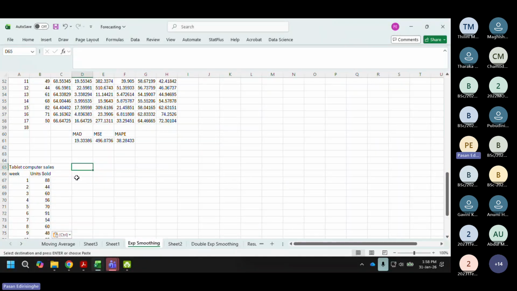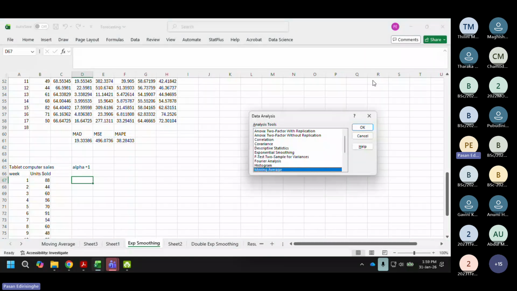Before that, we have defined alpha equal 1. Now, of course, you can do these calculations manually as well, but we have the package here under data analysis. The exponential smoothing technique is there, right?